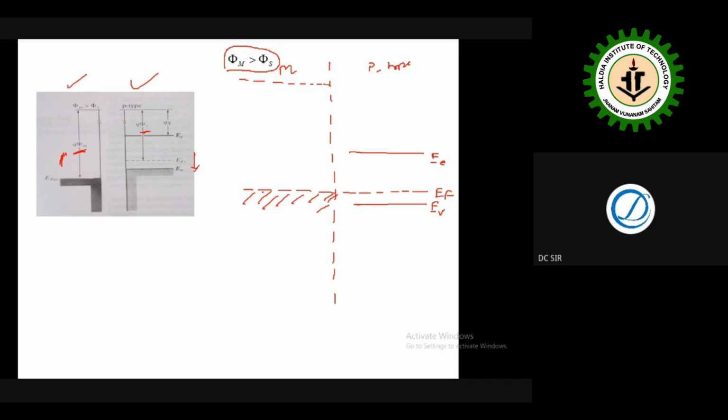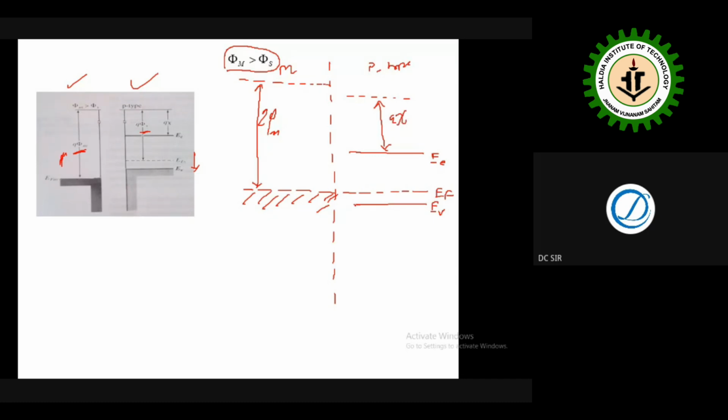The vacuum level above the Fermi energy level at the metal side is very large, q phi m. Above Ec, that is q chi.